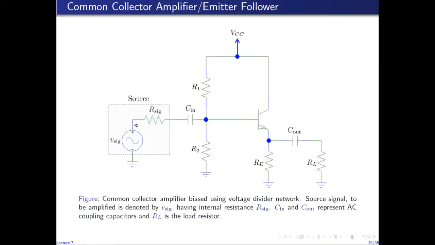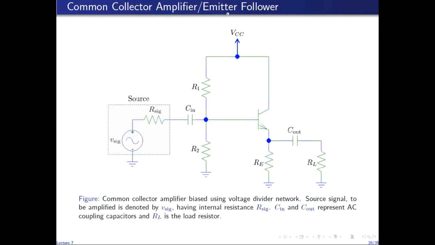So input is measured with respect to AC ground, which is the collector terminal. Output is measured with respect to the AC ground, which is the collector terminal. So the voltages at the input and output are measured with respect to the collector.